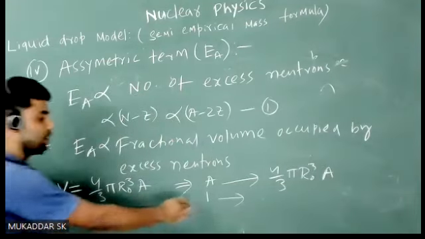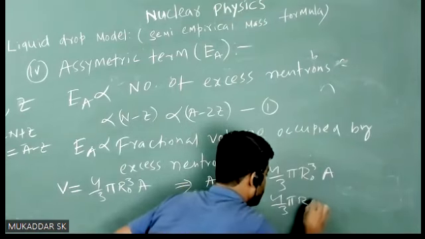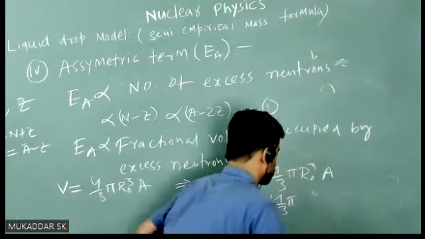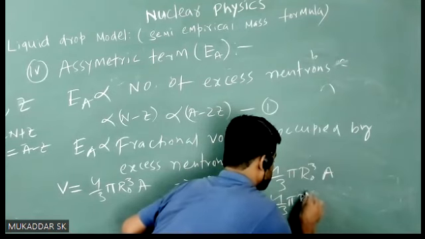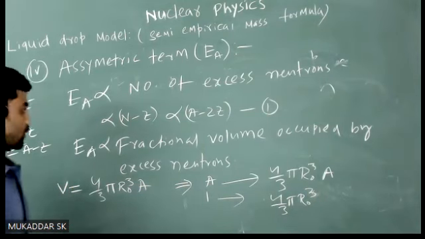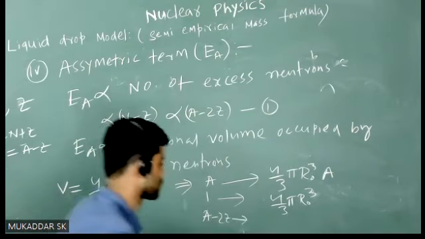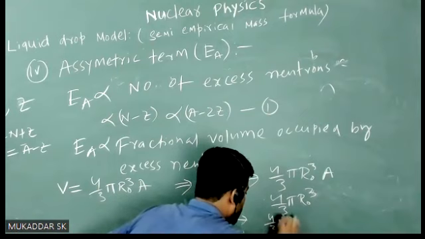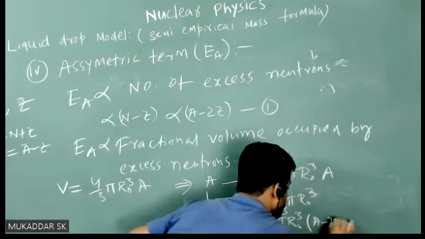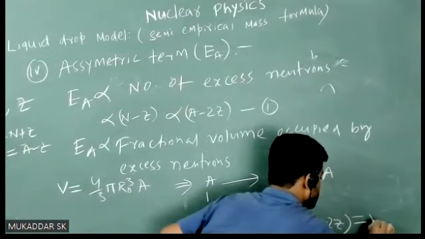Now, what will be the volume of A minus 2Z nucleons? It will be simply 4/3 pi r naught cube into A minus 2Z. Let us assume this volume is V prime.